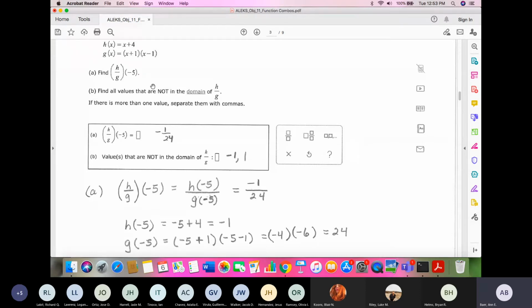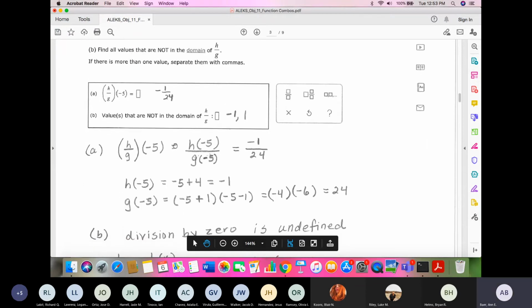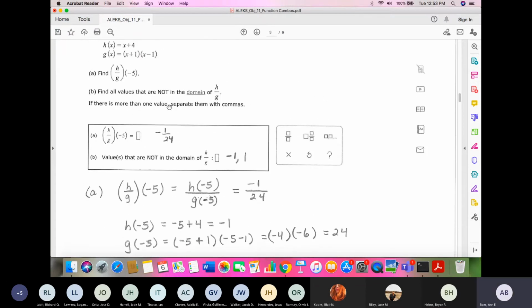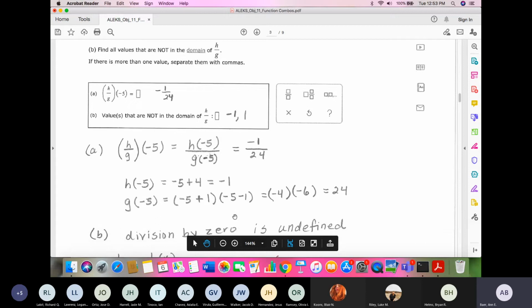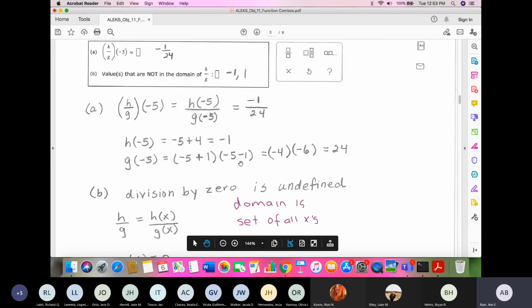In the first factor we get -5 plus 1, and in the second we get -5 minus 1. -5 plus 1 is -4. -5 minus 1 is -6. Minus times a minus is a plus. 4 times 6 is 24.